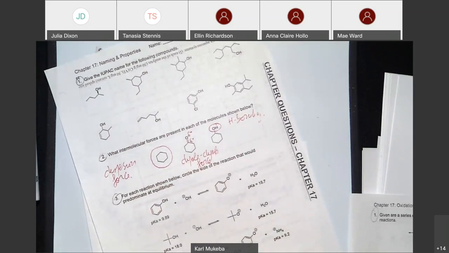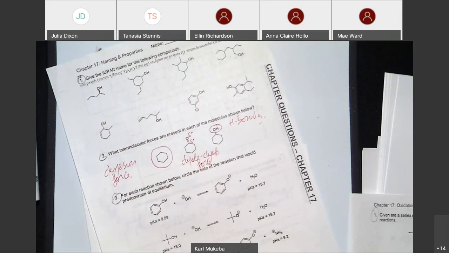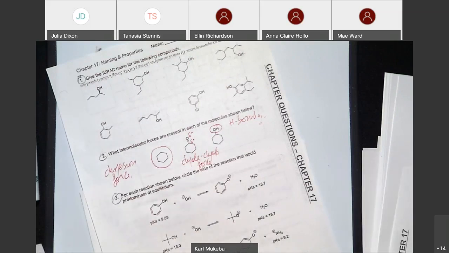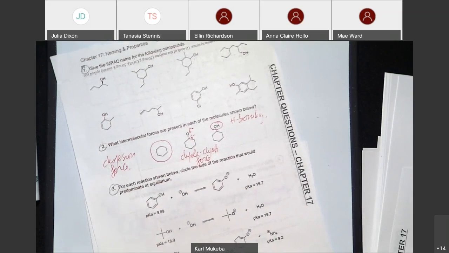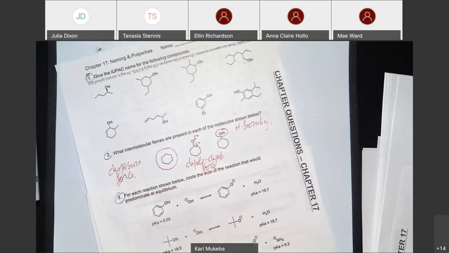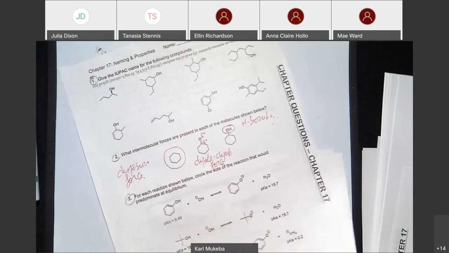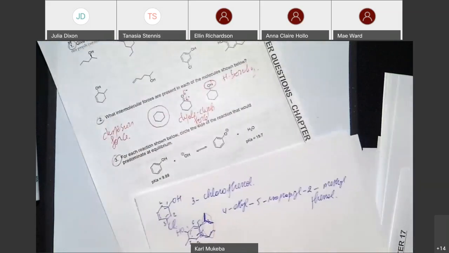Okay, question number 3. So question number 3 will be the easiest one. If you went through your notes, it's like slide 4 or 5 in your PowerPoint notes.